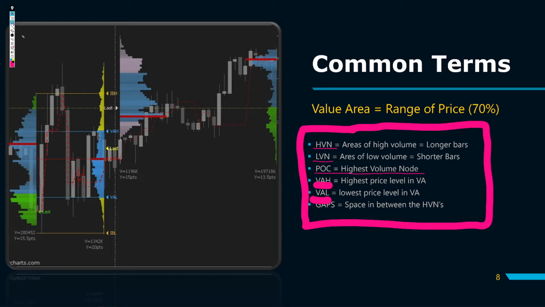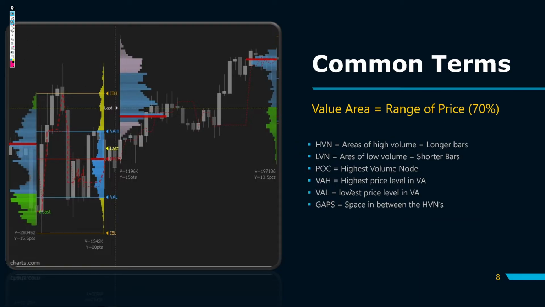And let me erase these. This is the highest price level in that volume area, and then the lowest price level in that volume area. What it'll look like is you'll have bars that come out like this, and this is going to be your point of control, this area here. And this is your total volume area right here.